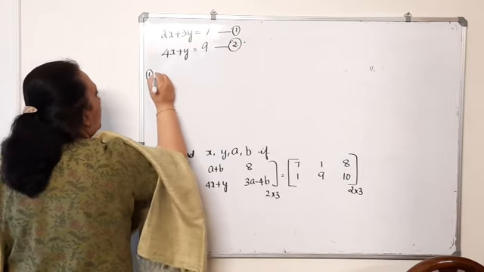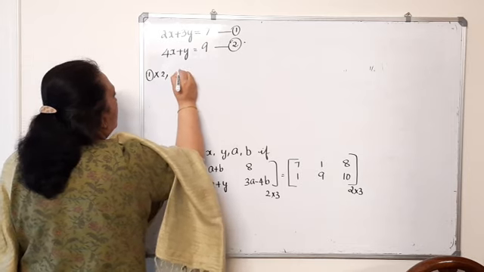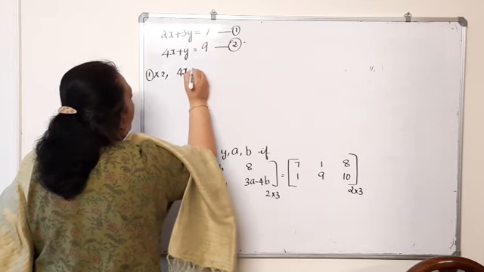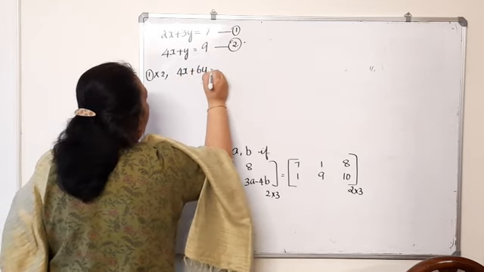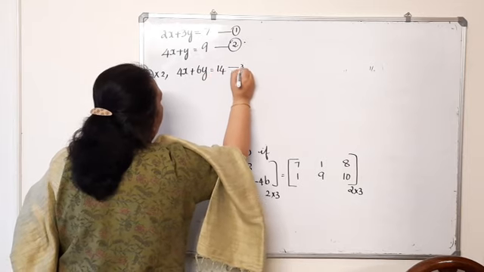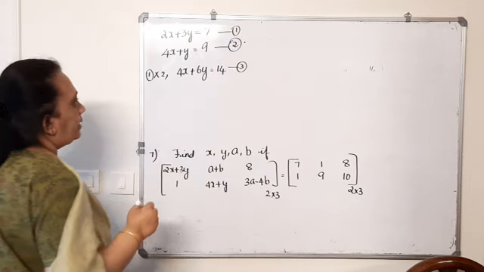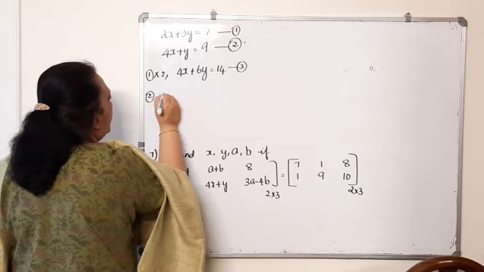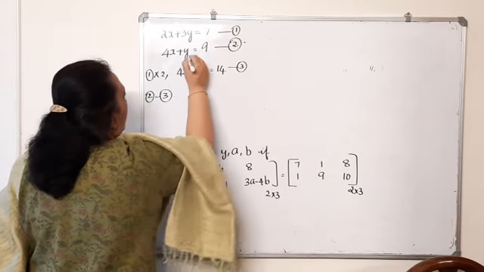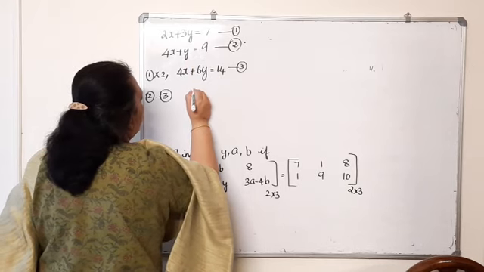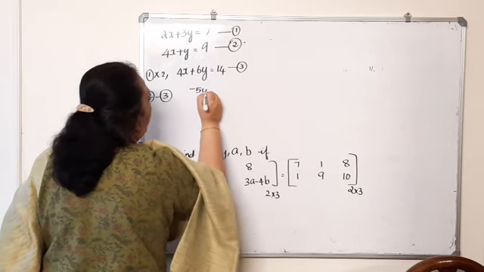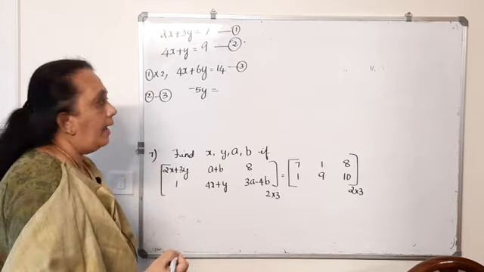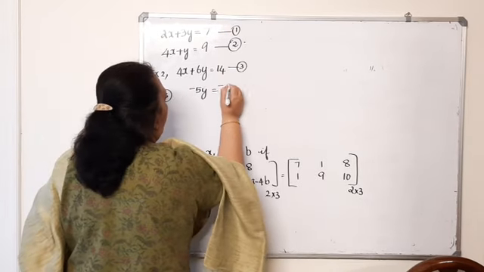First equation into 2, that is 4x plus 6y is equal to 14. Now, the x coefficients are the same, so 4x minus 4x cancels, y minus 6y is minus 5y, is equal to 9 minus 14, which is minus 5.